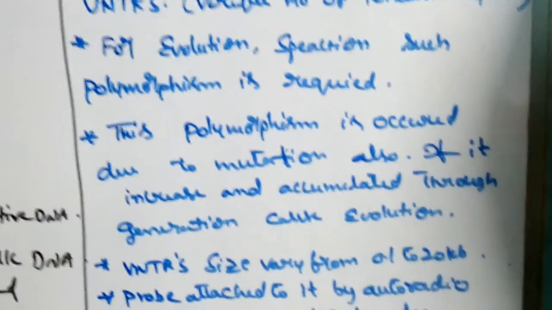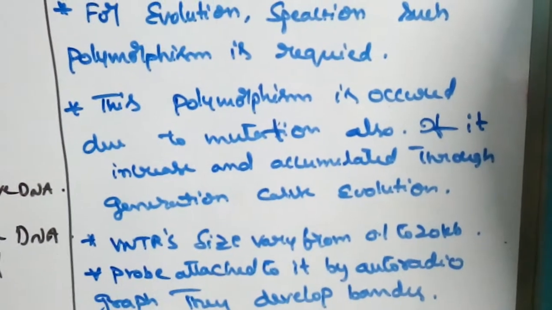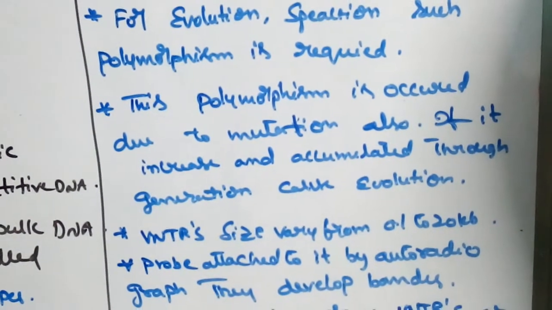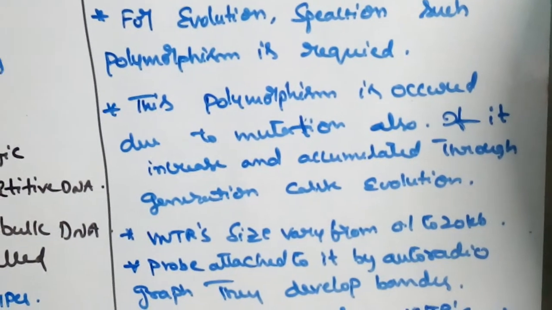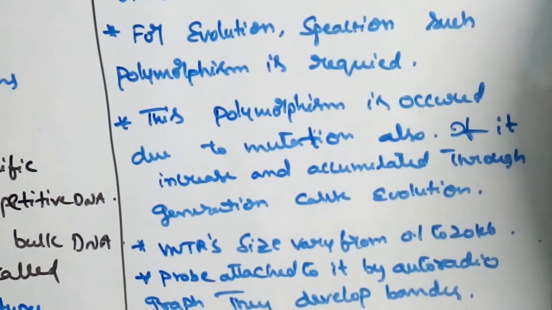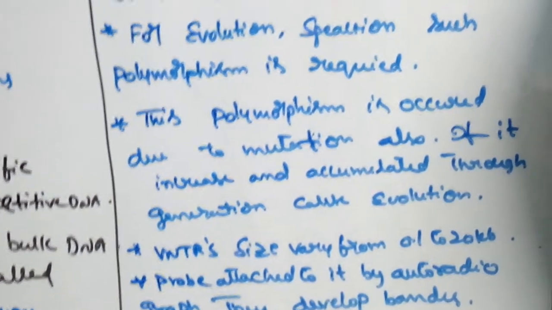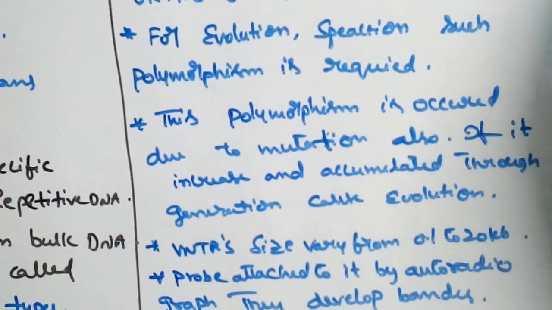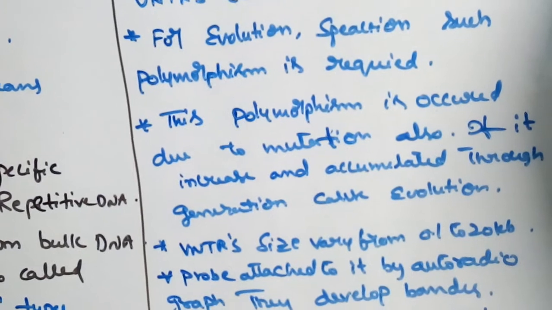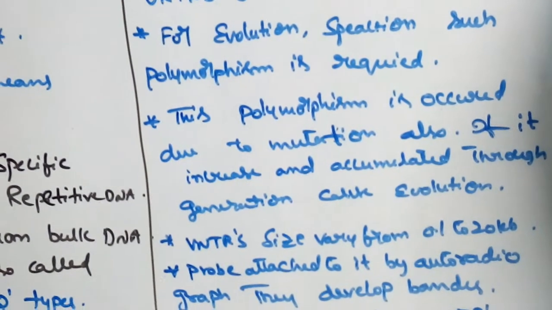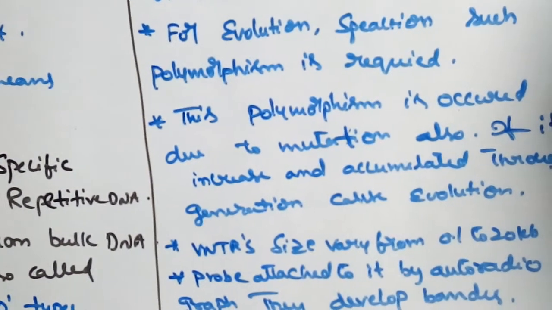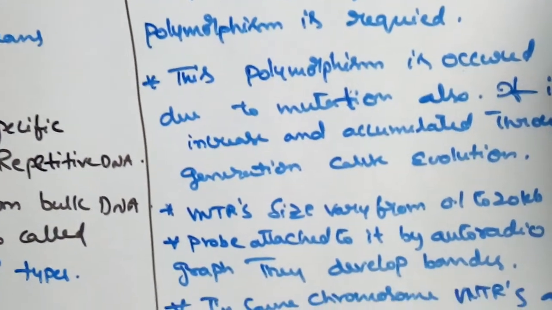This polymorphism occurs due to mutation. If a mutation takes place in only one generation, it is not considerable. It becomes considerable when the mutation is accumulated through generation after generation. Then only it causes polymorphism, evolution and new species formation.